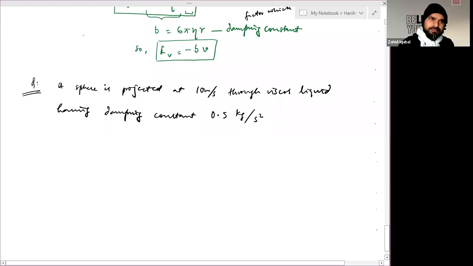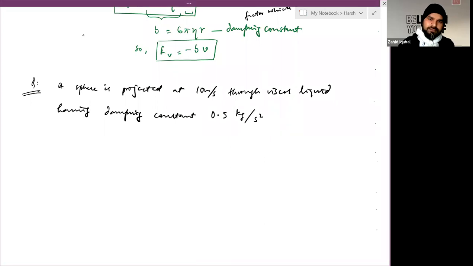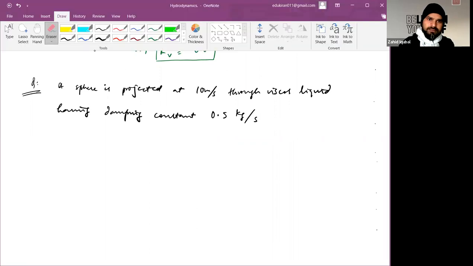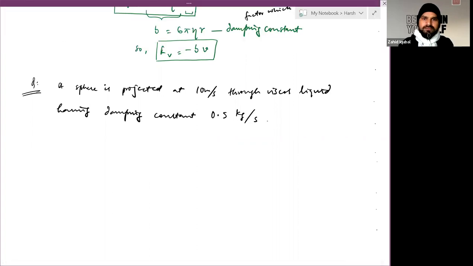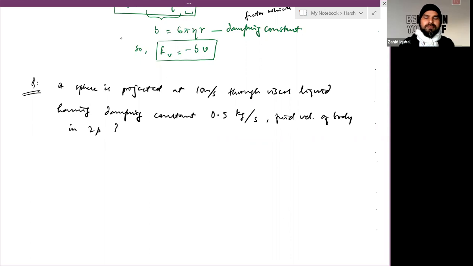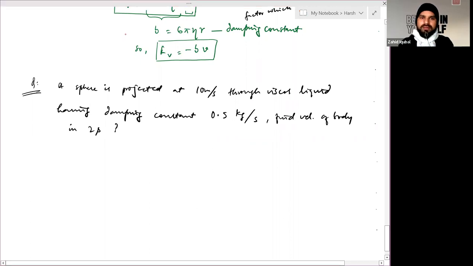Find the velocity of the body in 2 seconds. Let's say the sphere has a mass of 1 kg.